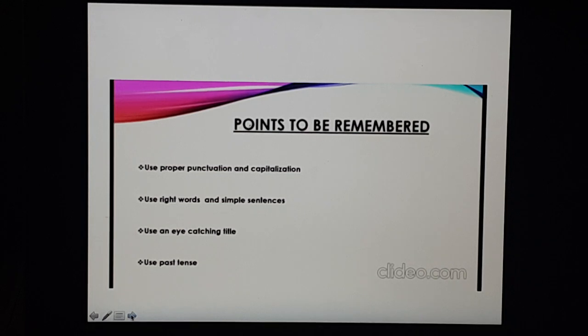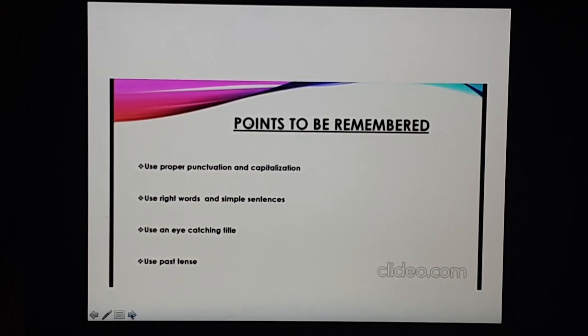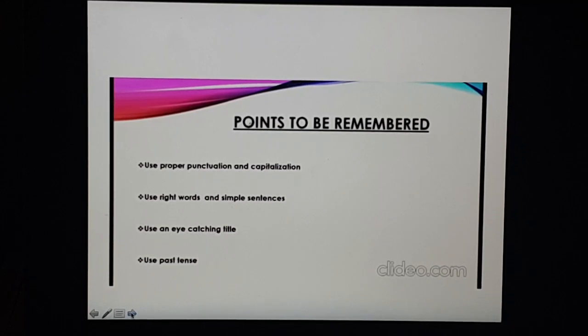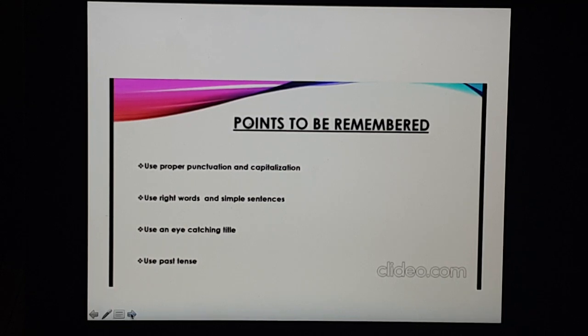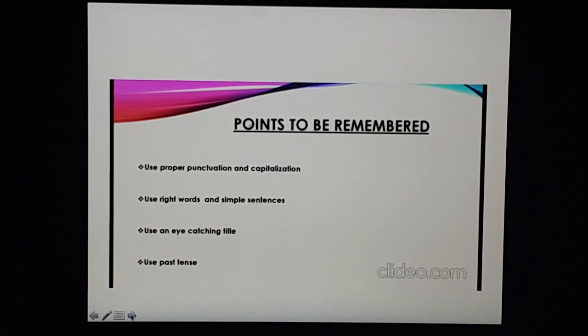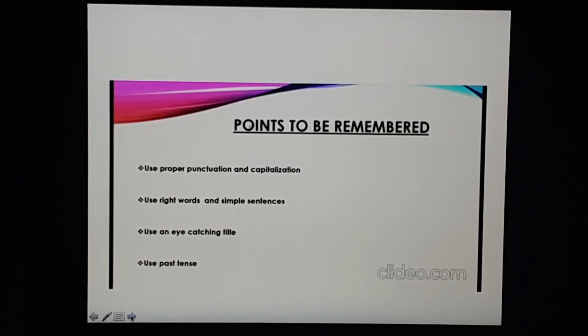Like I told you in the earlier video, imagine the setting, remember where you are, what your location is. So use the related vocabulary for that, and simple sentences. Don't make it very complicated. Use very simple sentences which the reader can understand.